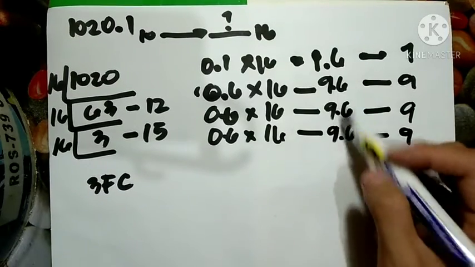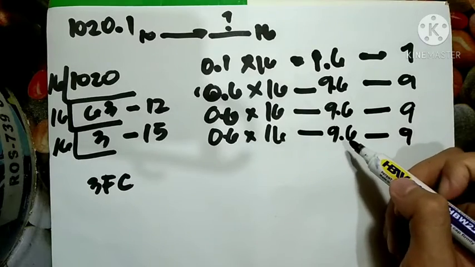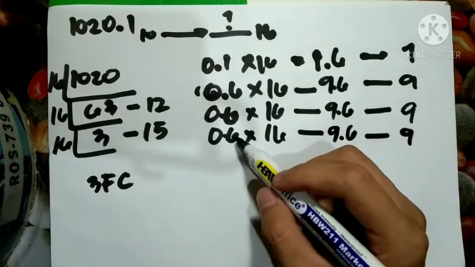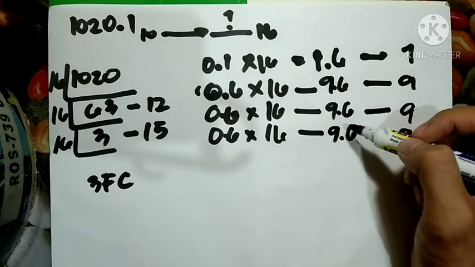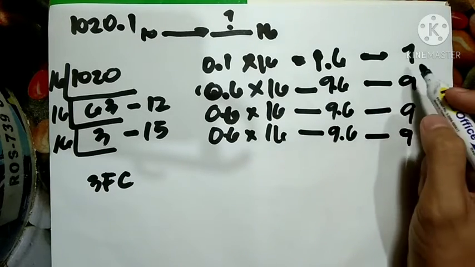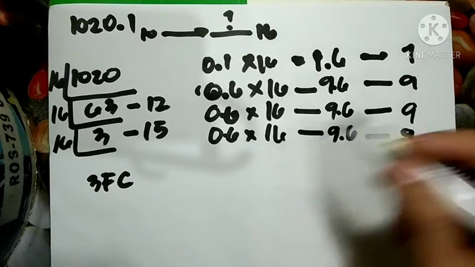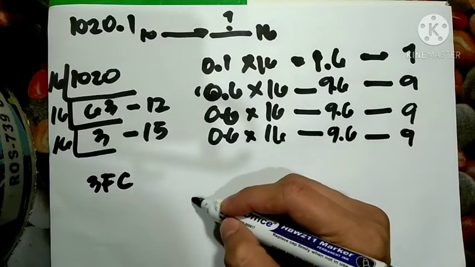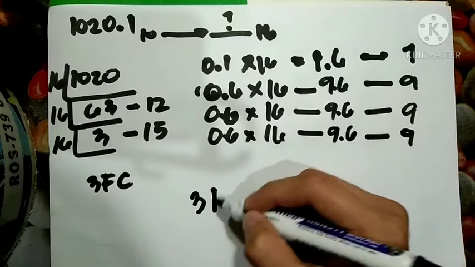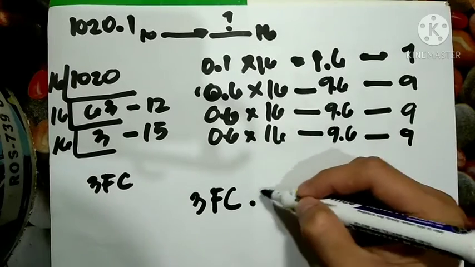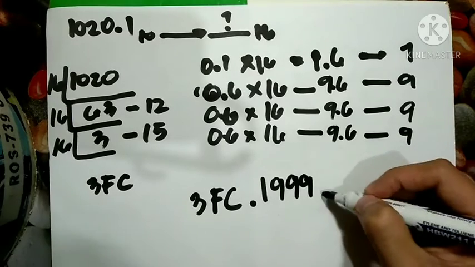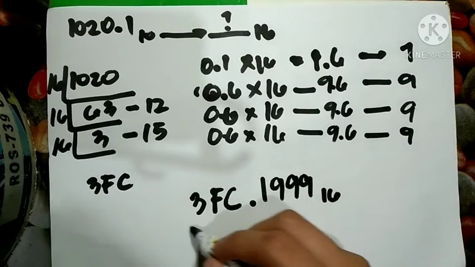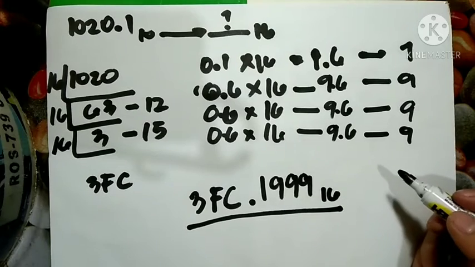It seems to be never ending because our answer has a pattern and it will be repeated if we continue this. So let's write it down from top to bottom. Then our final answer must be 3FC.1999 base 16. Here's our final answer.